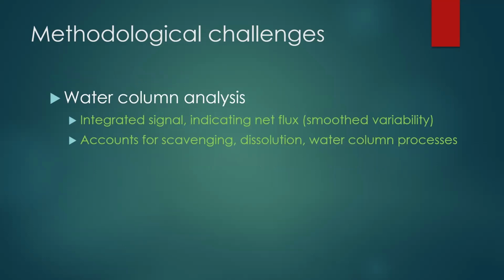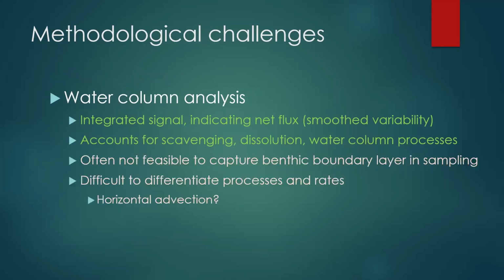And then I'm just going to go through these quickly because this is less my forte, but I just want to explain some of the issues. For the water column analysis, it's great because it's an integrated signal, it smooths out any spatial variability, and it accounts for those water column processes like scavenging, dissolution, whatever. But it's often not feasible to capture that benthic boundary layer in sampling unless that's really your only target, which it's usually not when you're studying the water column.